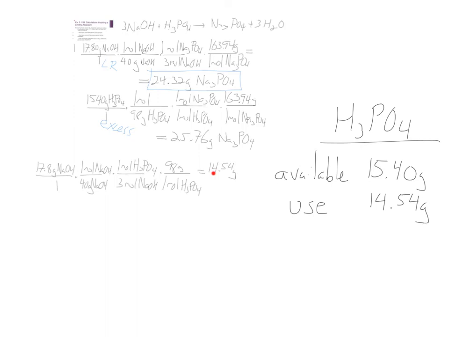That's what this number means. Once my limiting reactant runs out, how much of the excess reactant is going to go with it? Let's make that H3PO4 so we remember what that number means. We're going to use 14.54. So how much is left over? Well, when we subtract those, we get our leftover amount, 0.863 grams of the H3PO4 left over.